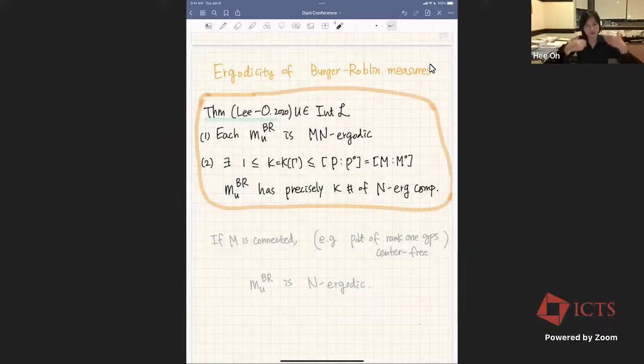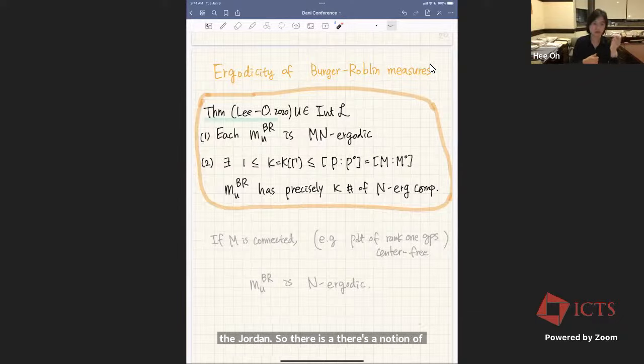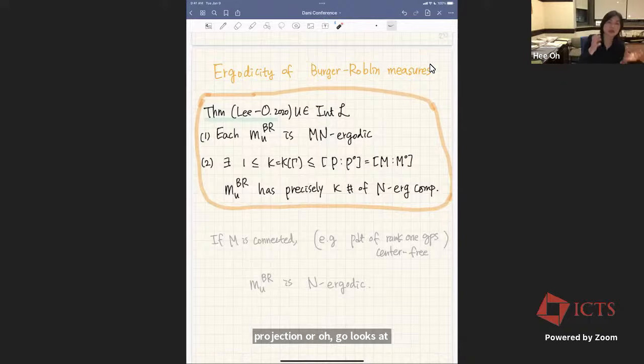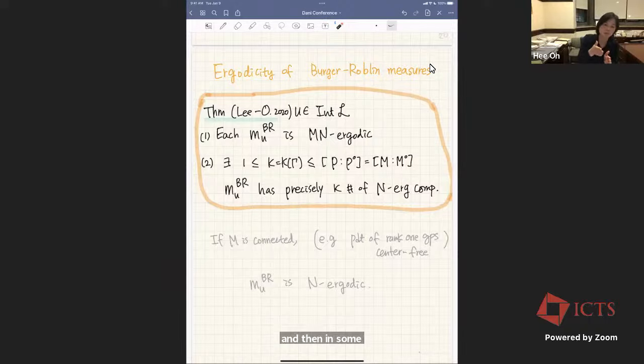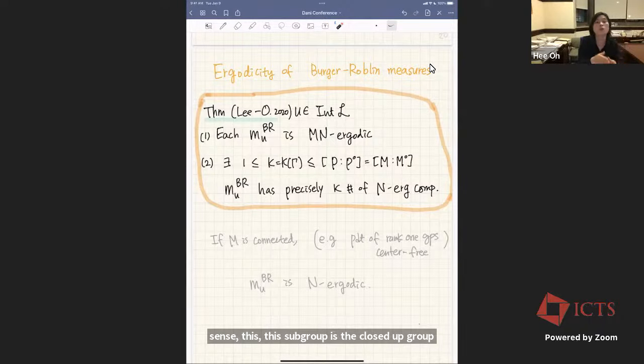There is a notion of Jordan projection of a loxodromic element, which gives an element of A, but there's a generalized Jordan projection, which also captures not only the A part, but also this M part. And then, in some sense, this subgroup is the closed subgroup generated by all these Jordan projections of the elements of gamma into the M part. So it only depends on gamma.